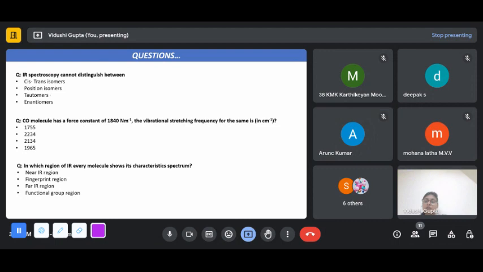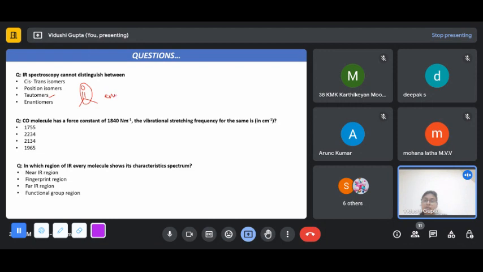Tautomers, like keto and enol tautomers: the keto form has a C=O, so it has a different IR value, and the enol form will have a different value.